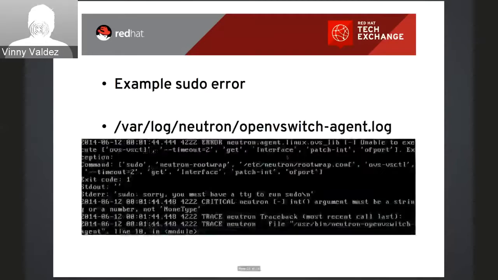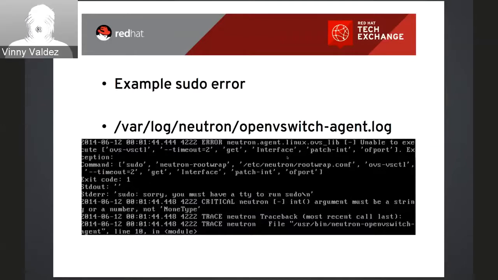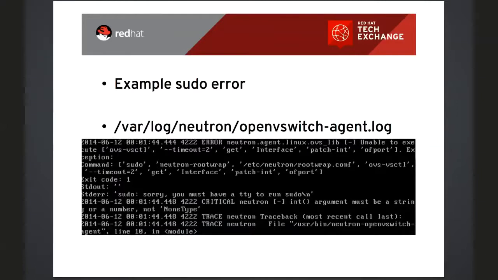So here's an example, just to see what the sudo error would look like. We're looking at /var/log/neutron/openvswitch-agent.log, which, by the way, is probably where most of your common errors are going to be logged on any of your systems, whether it's the Neutron agent server or the actual compute node. But here there's an error. You can see that it tells you exactly what it's trying to execute.